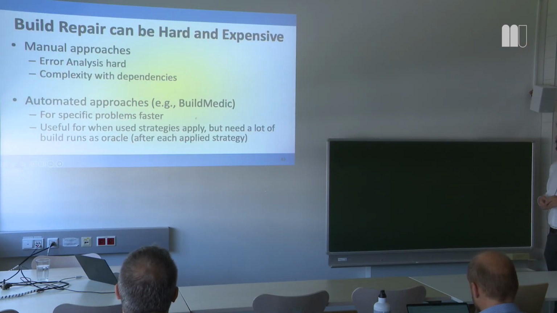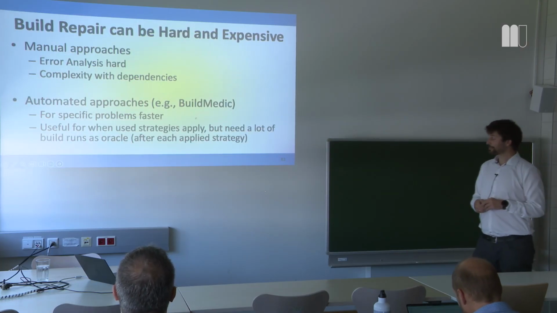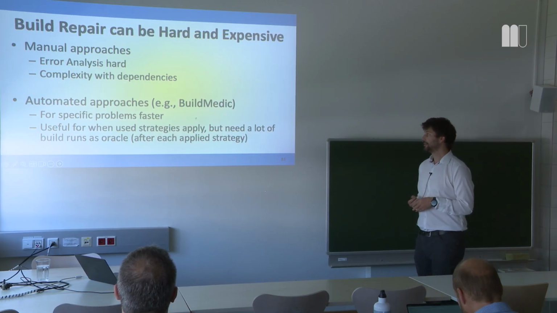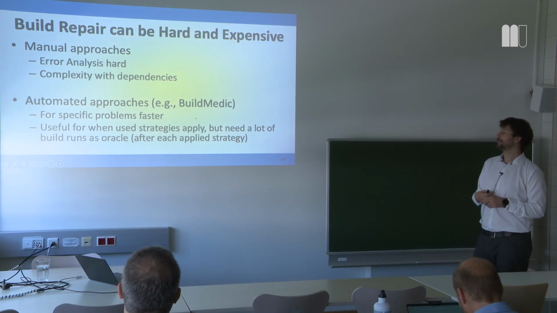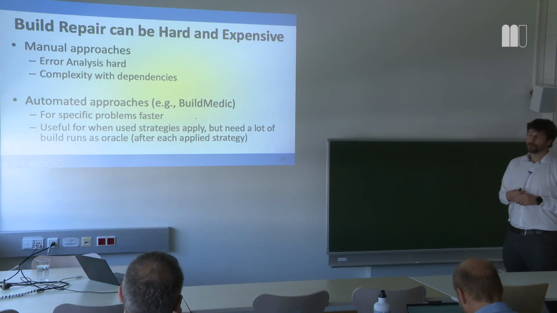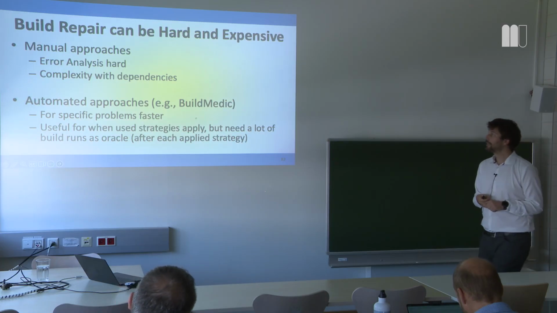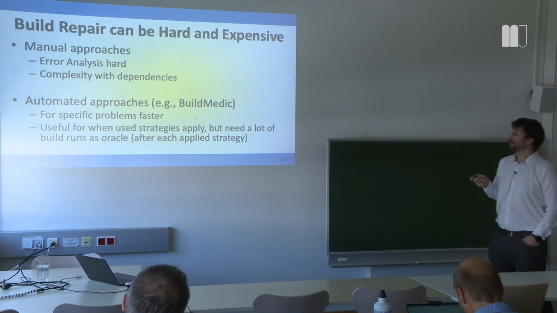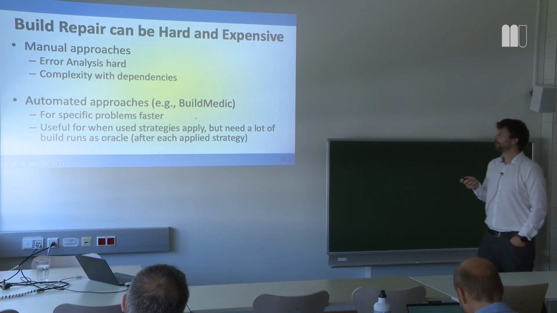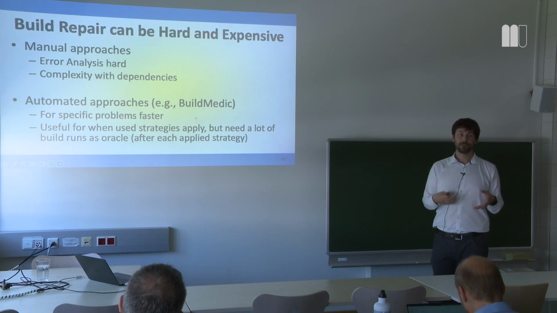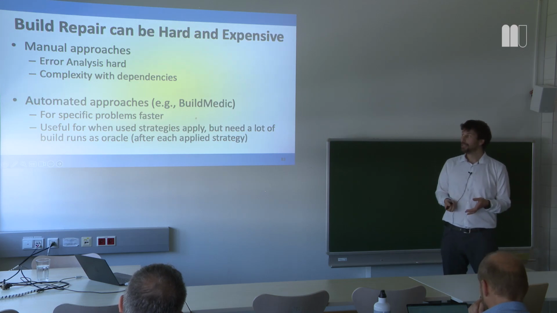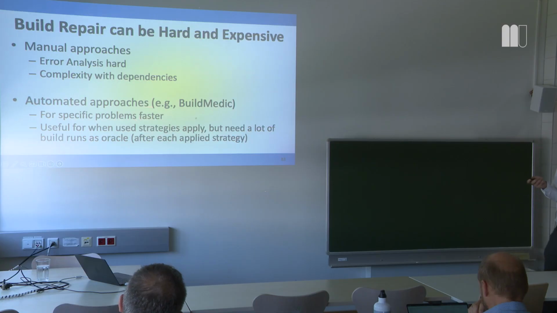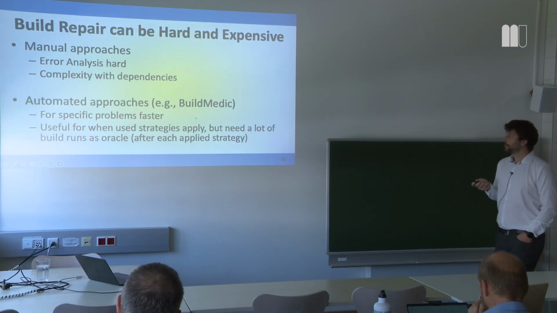Our approaches for automated repair are manifold, so I'm only presenting one particular thing today, which is, I think, the most recent one. Earlier approaches used manual methods, so error analysis and dependency complexity were manually analyzed, which is very error prone and very hard to do because many logs are really large. There are also some automated approaches, like the ones we did during my PhD, for example.